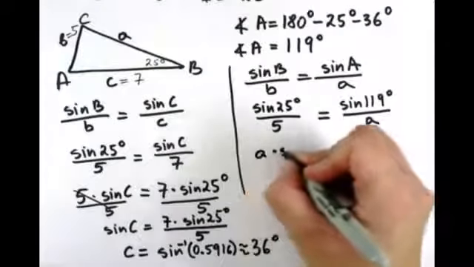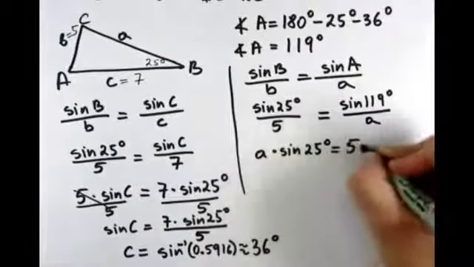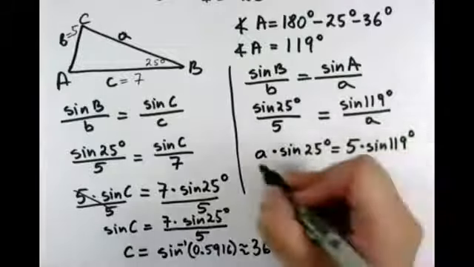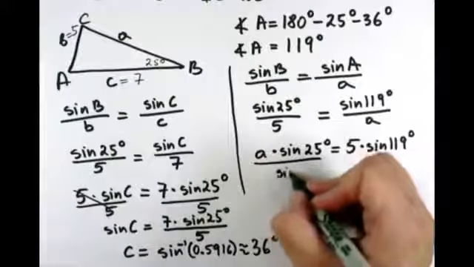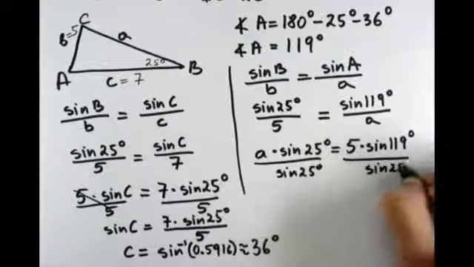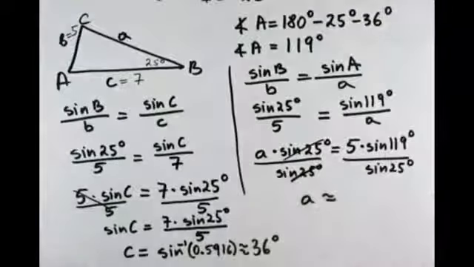A times sine 25 degrees is equal to 5 times sine 119. Divide by sine 25. So my A is approximately, make sure you put brackets when you punch this.